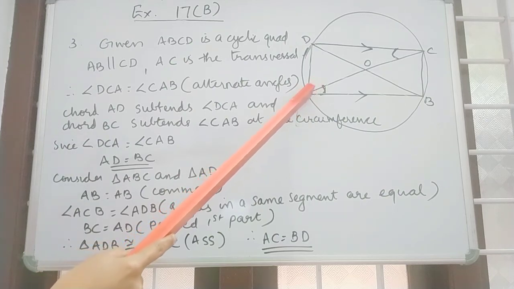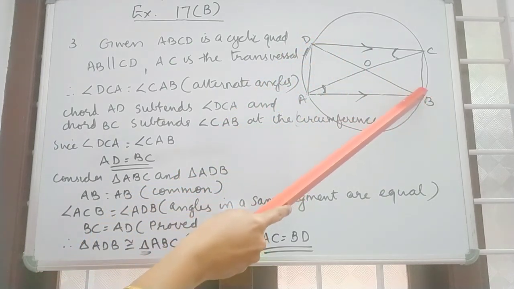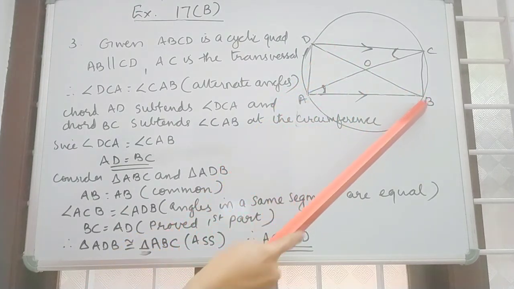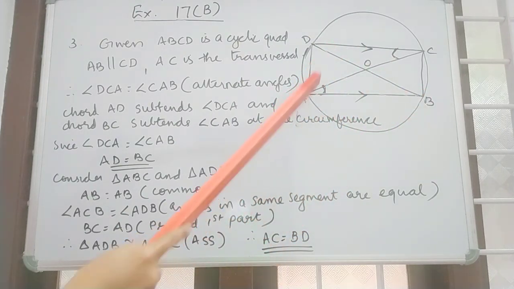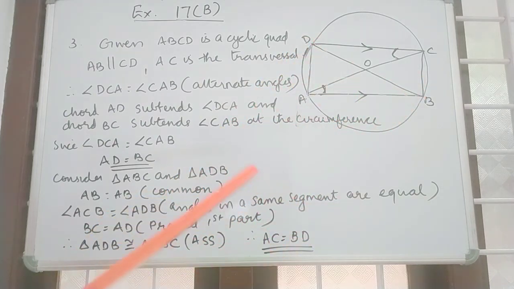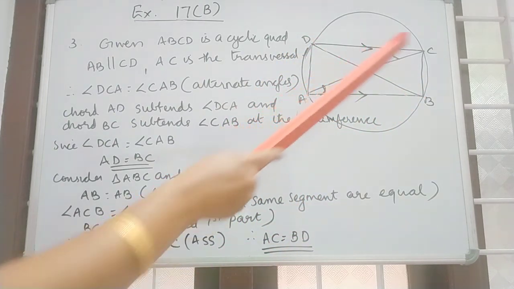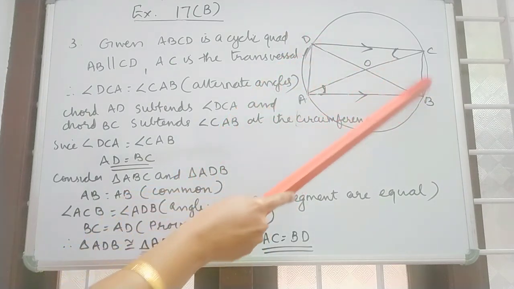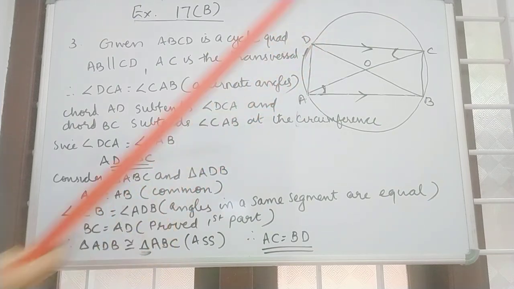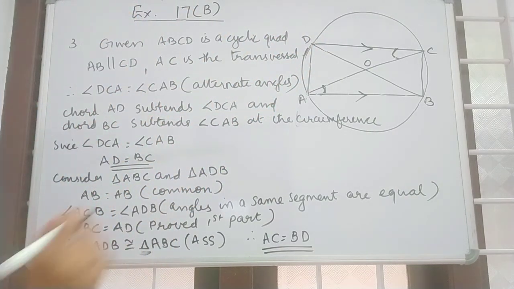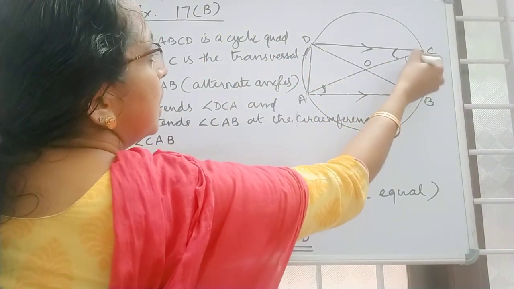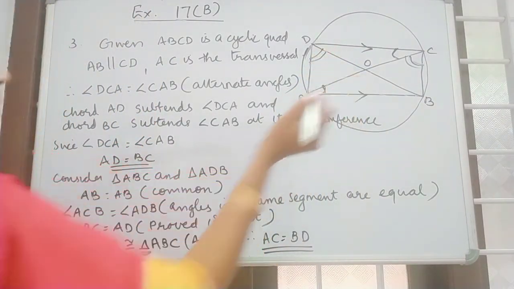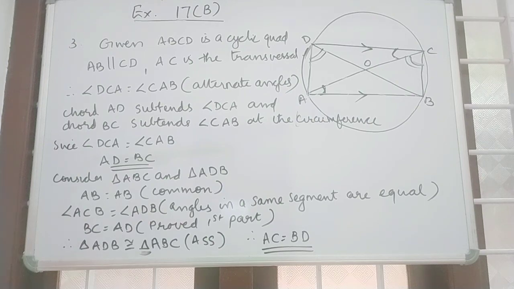Same way, angle ADB also lies in the segment AB. So AB is a common segment, and these two angles will be equal. Angle ACB will be equal to angle ADB because these two lie in the same segment.